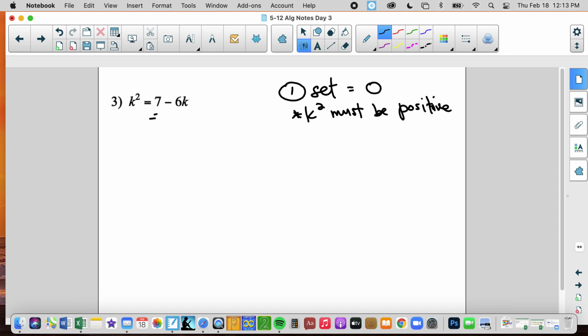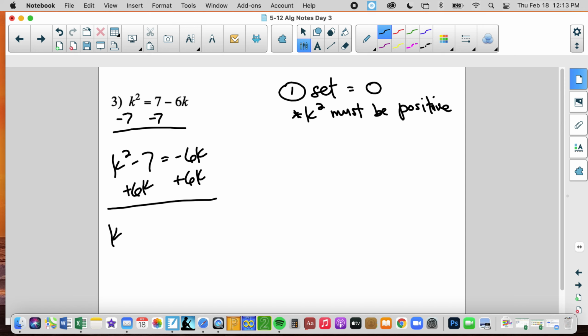So I'm going to subtract 7. K squared minus 7 equals negative 6k. Remember, these are not like terms, so negative 7 and k squared can't combine. Now I'm going to move this negative 6k, and I'm going to add 6k to both sides. So I get k squared plus 6k minus 7 equals 0.